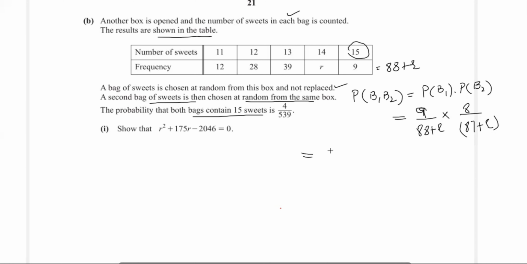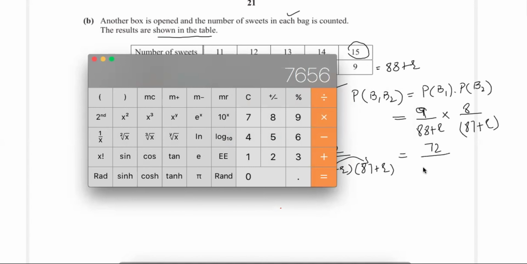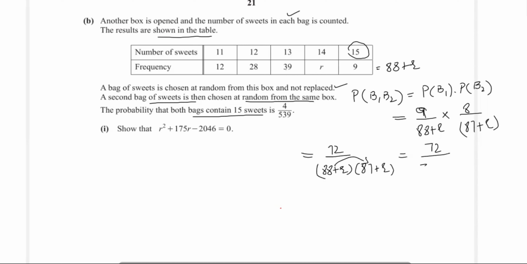Now we multiply it. 9 times 8 is 72. Our 88 plus R into 87 plus R, and that value will be equal to 72 over 88 multiplied by 87, which is 7,656, plus 88 into R is 88R, plus 87 into R is 87R, plus R square.